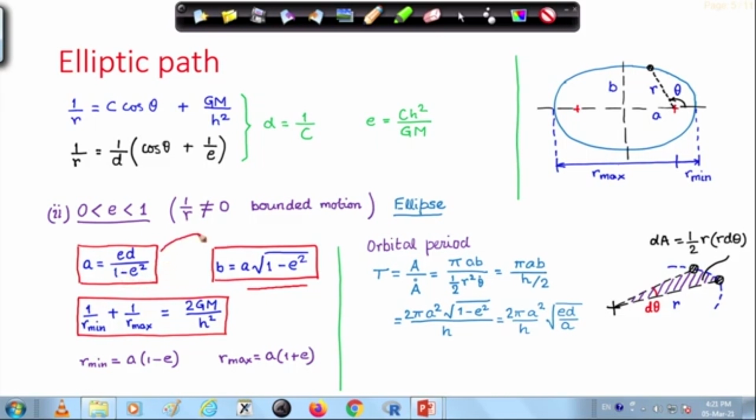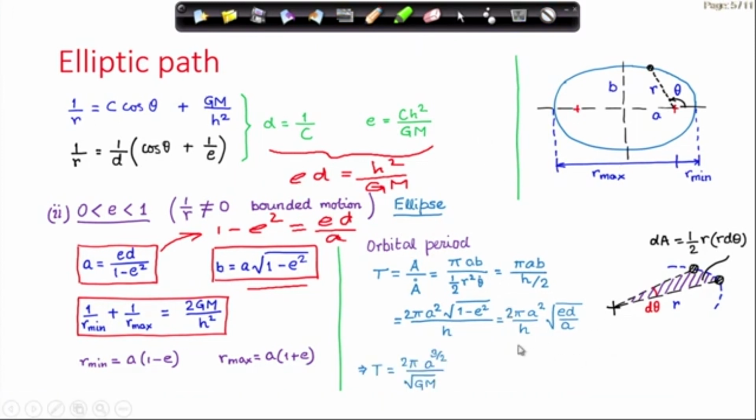From here it follows that 1 minus e square is e d by a, and from these two relations you know that e d is equal to h square by G M. In the first step I just wrote under root e d by a because it was under root 1 minus e square.